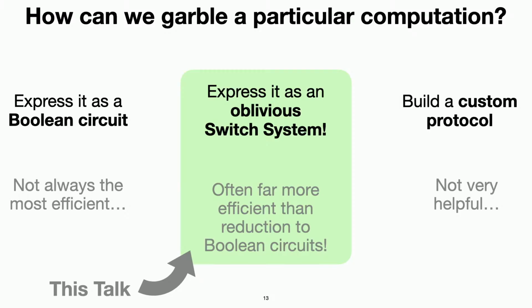This is a model of computation that, cards on the table, I made up. But this is my mental model for understanding what a garbled circuit is capable of. The point is that if you have a computation and you think carefully, you can often turn it into a much smaller switch system than a corresponding Boolean circuit for the same task. That's the point.